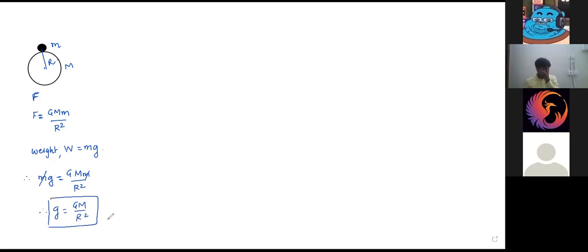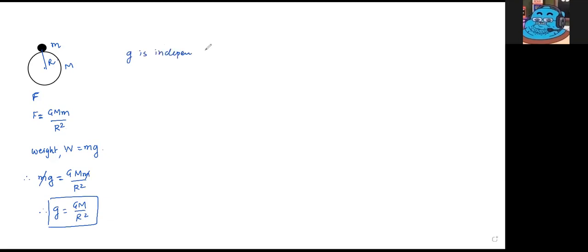What is small g? It is acceleration due to gravity. Capital G is the universal gravitation constant. M is the mass of the planet. R is the radius of the planet. So from this we conclude that small g is independent of the mass of the body.